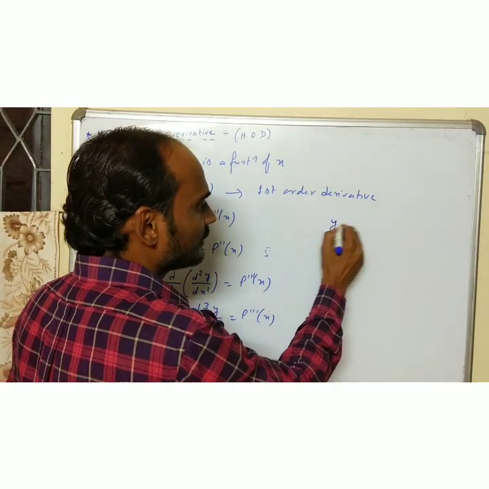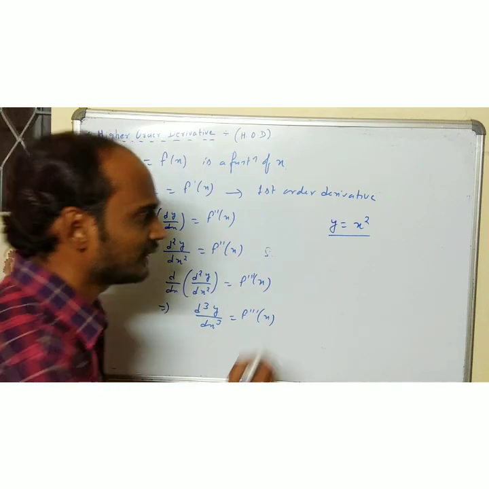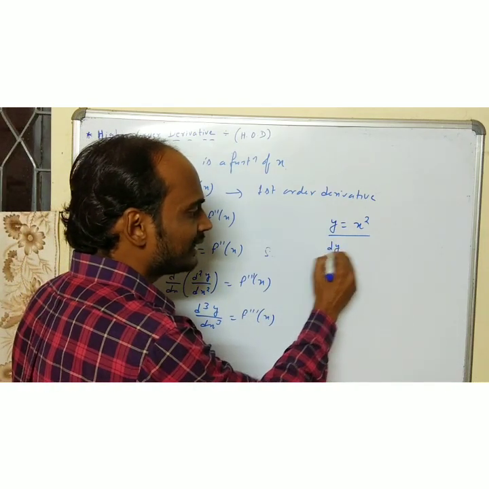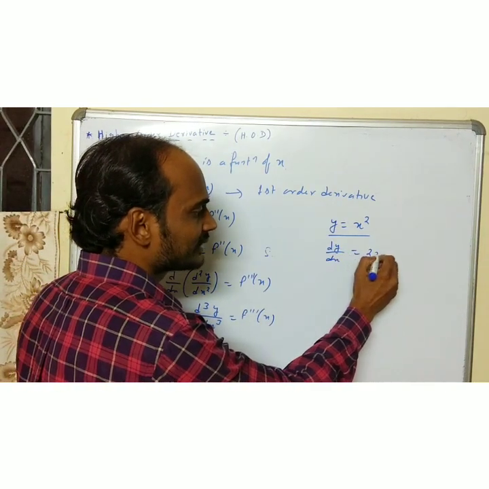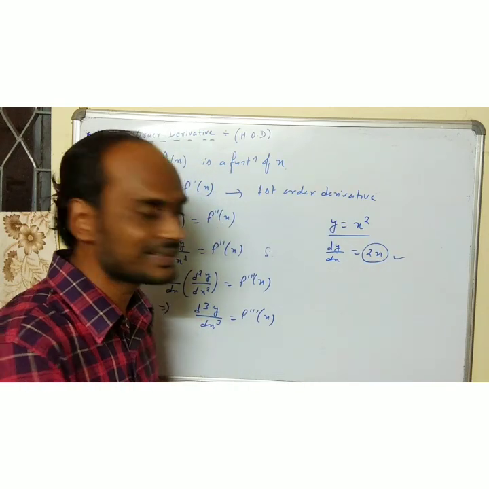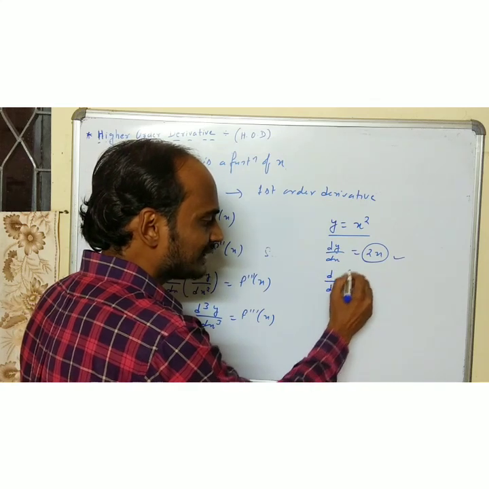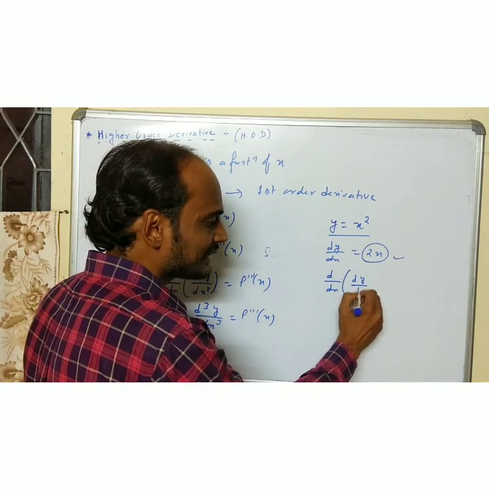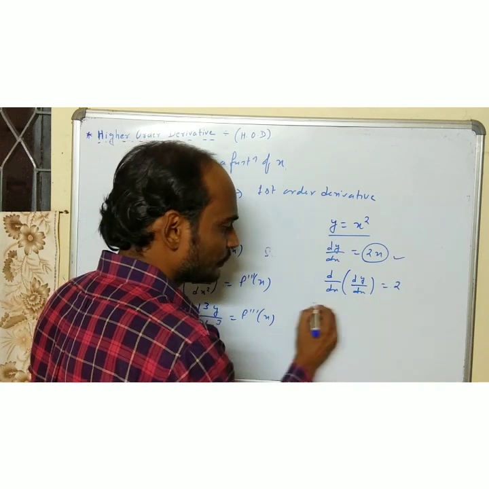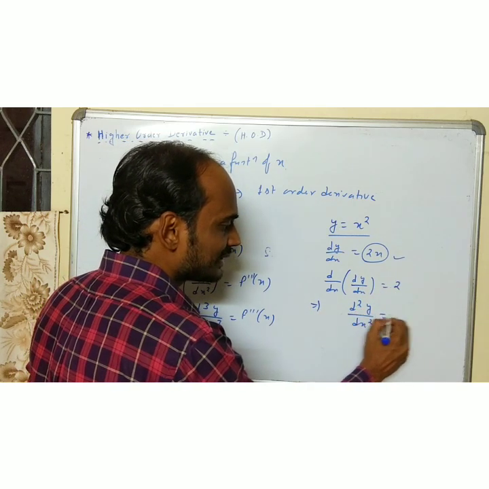Suppose y equals x square. You can see that it is a function of x. The derivative of this, dy by dx, will be written as 2x. And again it is a function of x, you can see it contains x, and it is differentiable also. Then the derivative of this, d by dx of dy by dx, we can write as equal to 2, and the notation of this is d2y by dx2, which equals 2.